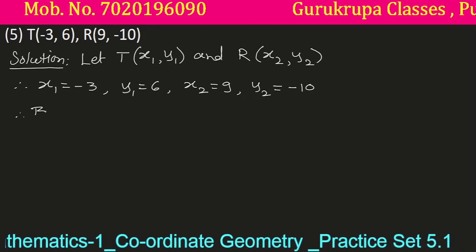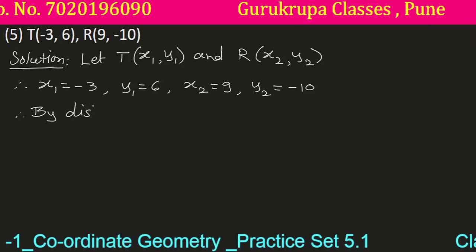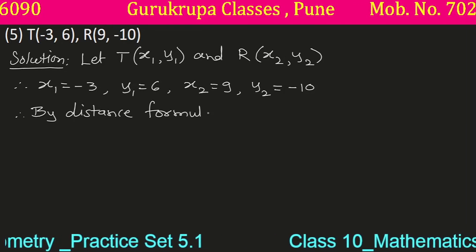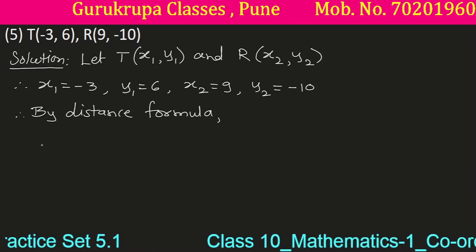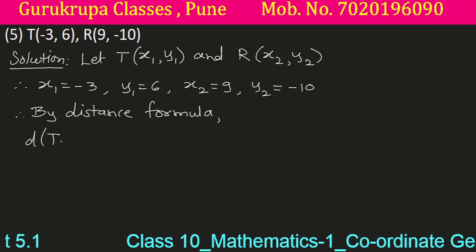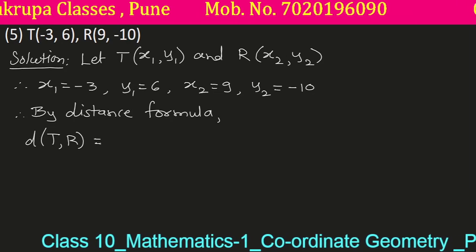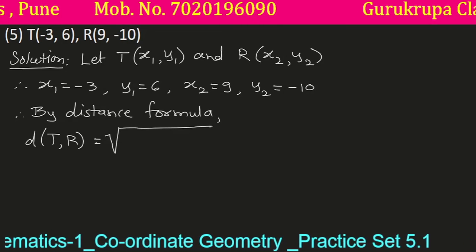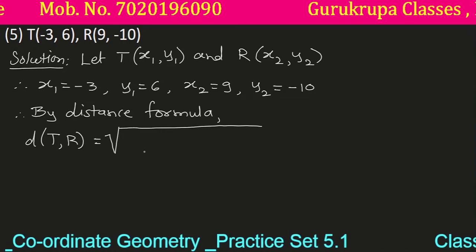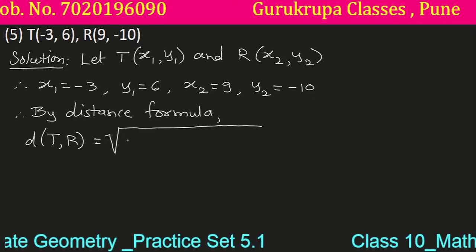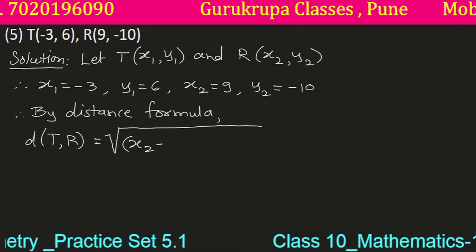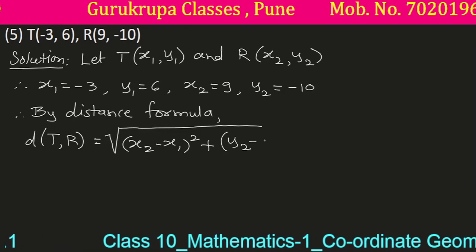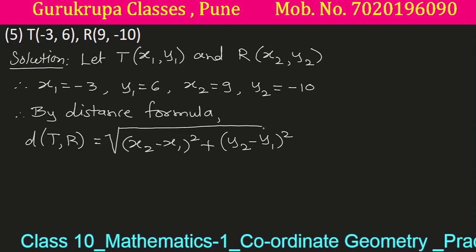So by the distance formula, we can write that the distance between point T and R is equal to the square root of x2 minus x1 whole square plus y2 minus y1 whole square.